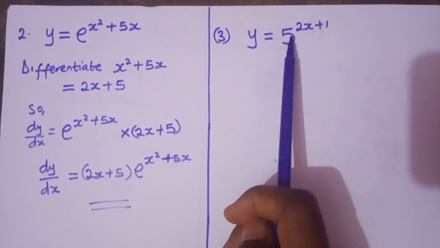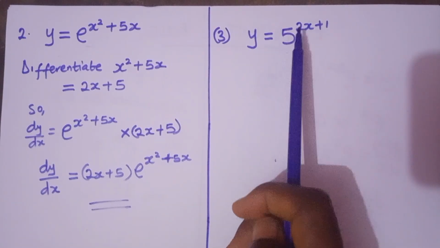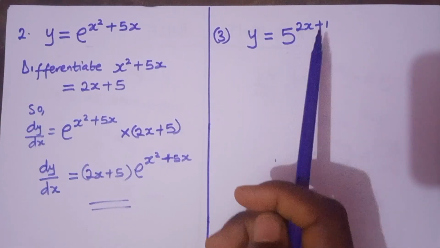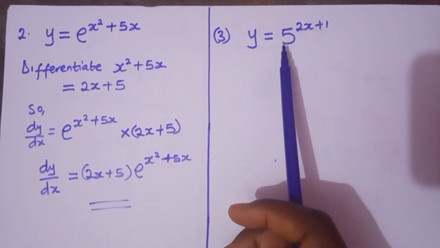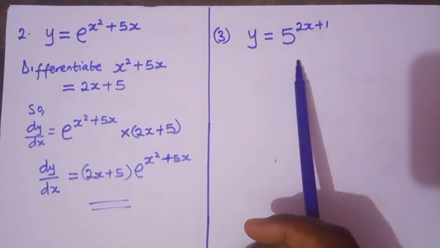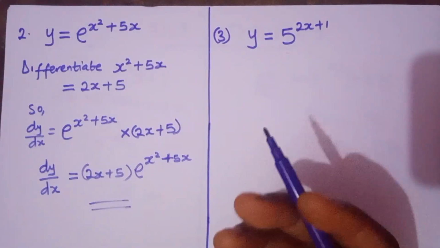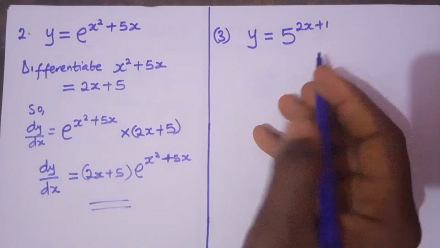If e is not here, if there is any number or alphabet that is not e, we call that a base. The only difference is that you will still apply the same pattern, but you will multiply this by ln of the base. Okay, for example, let's try this now.